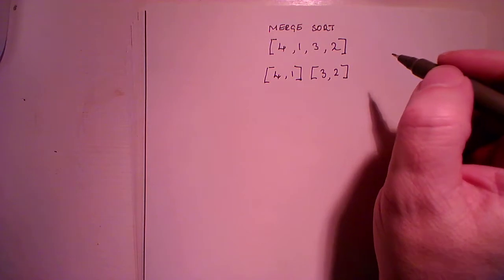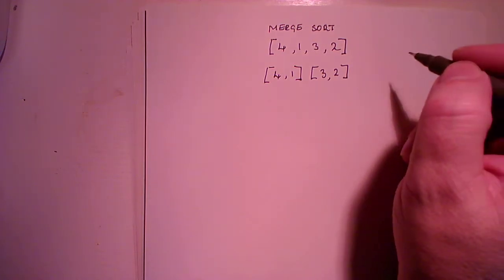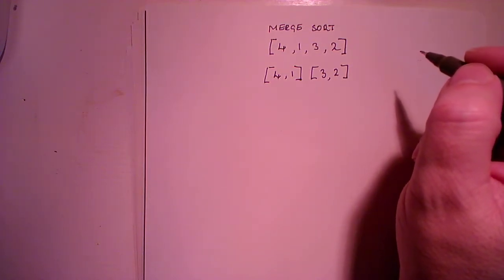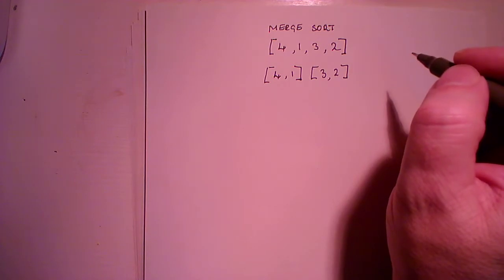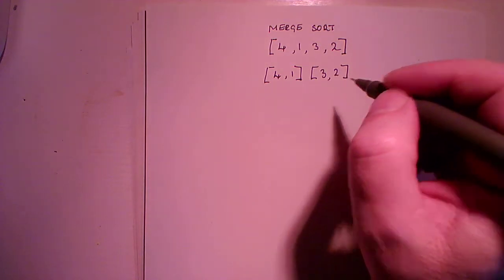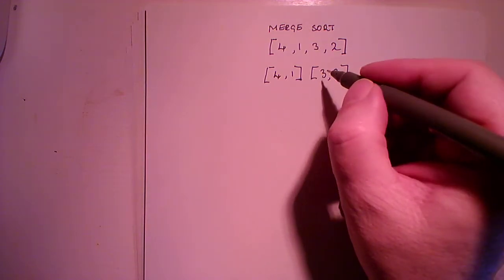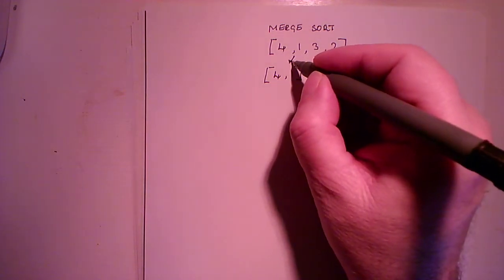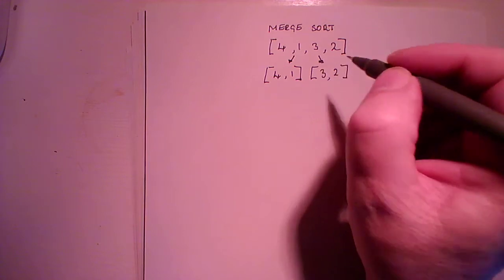So this would be the programming method rather than the pure algorithm. And you'll see why it's sort of ridiculous to do this to begin with. We're going to break these two down as well. So I've broken that down into those two.